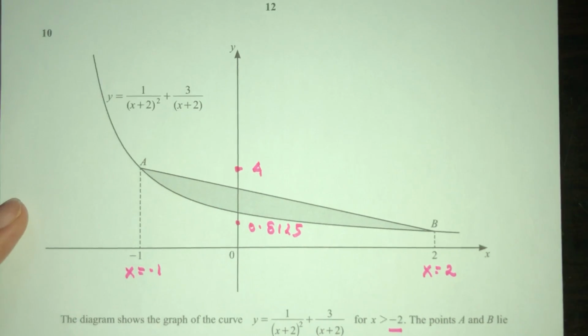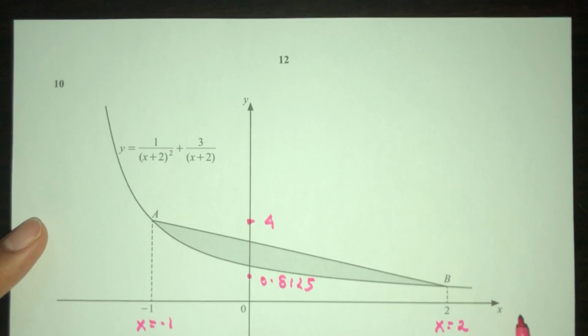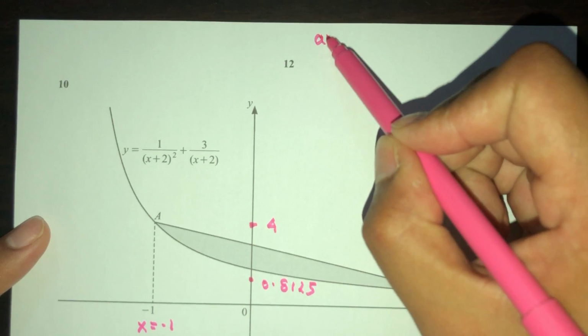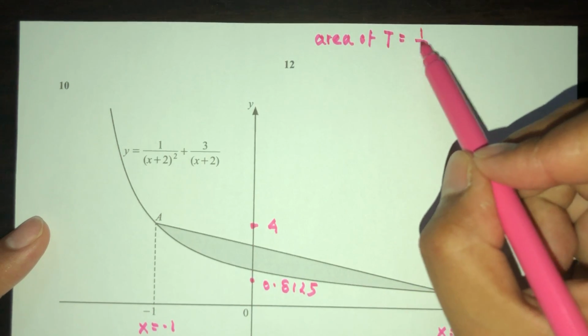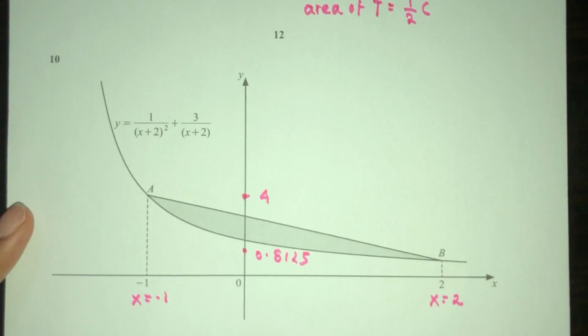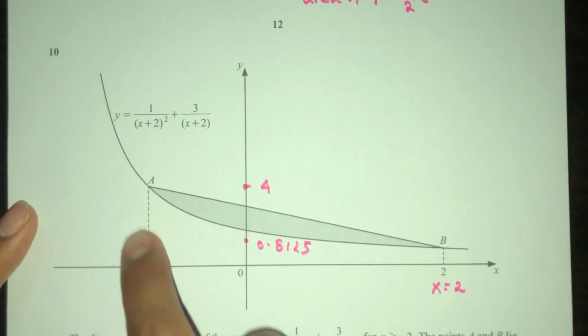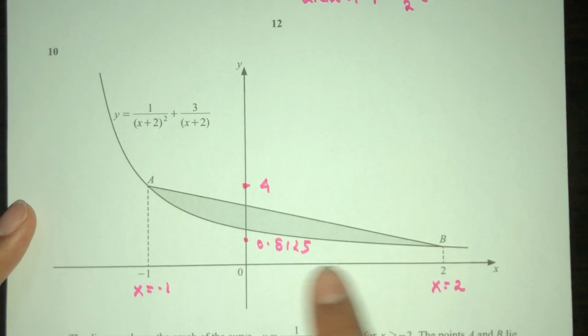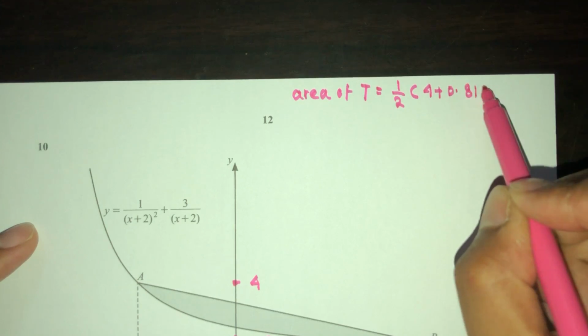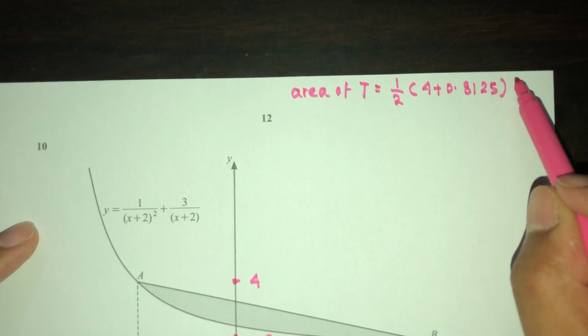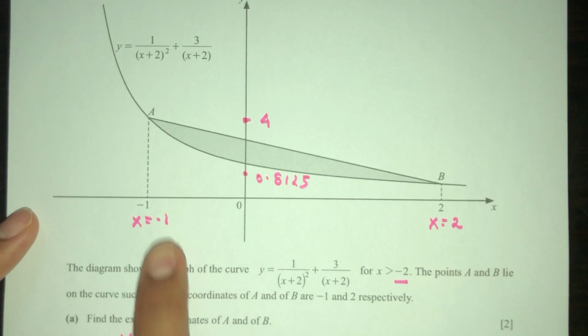What is that shape? That shape is the shape of a trapezium. So how do you find the area of a trapezium? Area of trapezium will be half times the sum of the parallel sides. The length is 4 and the length is this. So 4 plus 0.8125, the sum of this, times the distance in between.